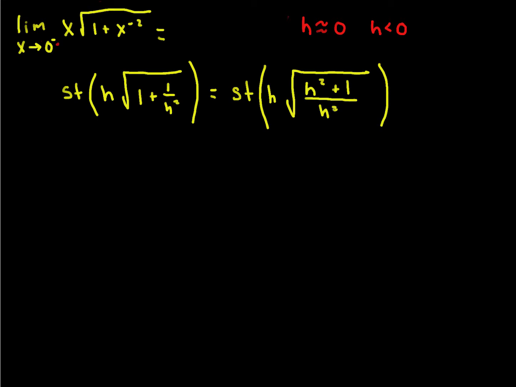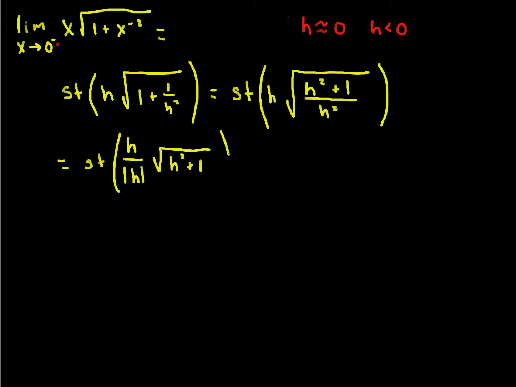Now I'm taking the square root, and the h squared is here, so I can bring it out. So this is the standard part. But when I bring it out, it's got to be the positive, because the square root returns the positive value. So this is h over absolute value of h times the square root of h squared plus 1.